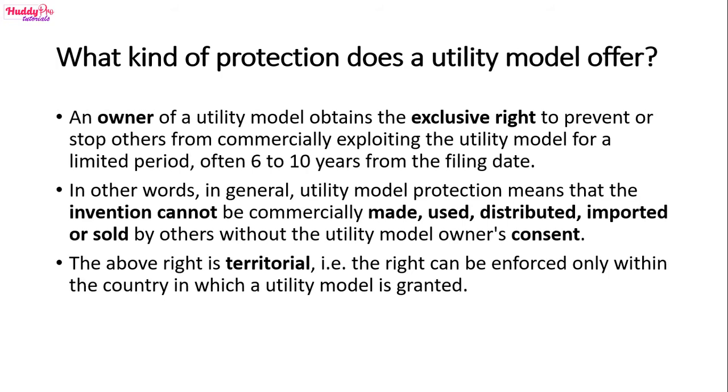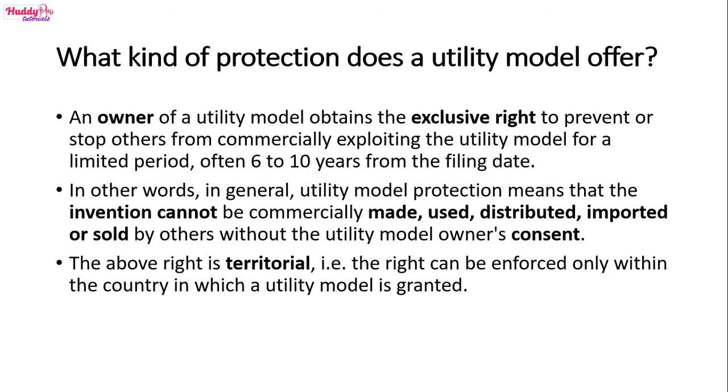So the owner of the utility model is given an exclusive right, and with that right you can stop other people from commercially exploiting your invention. So in general terms, utility model protection means that the invention cannot be commercially made, used, distributed, imported, or sold by others without the consent of you, the owner of the utility model.